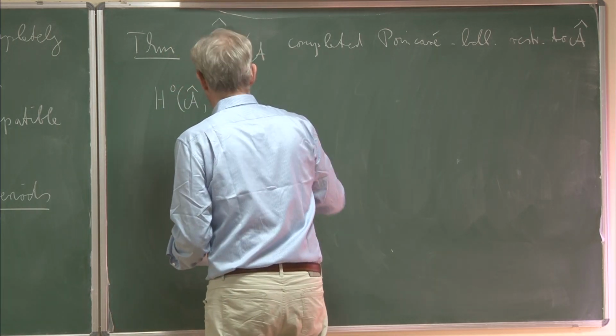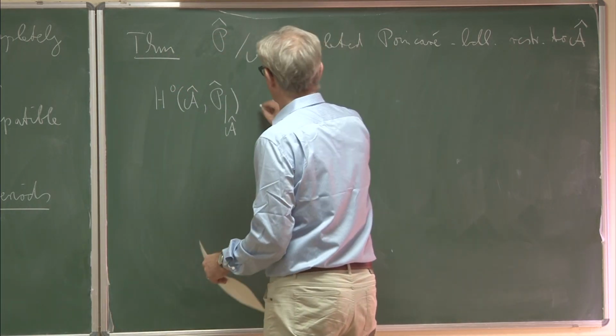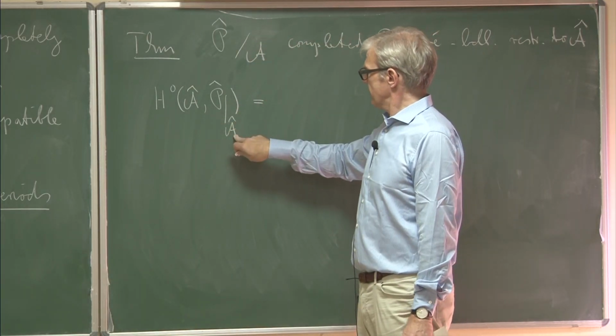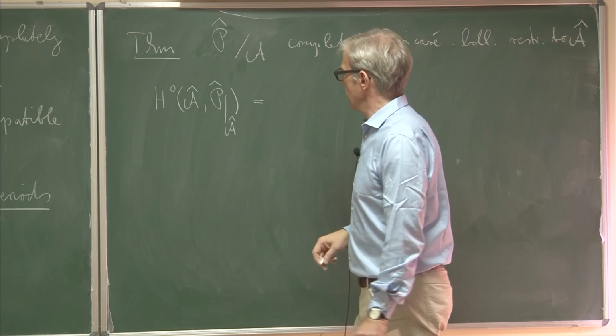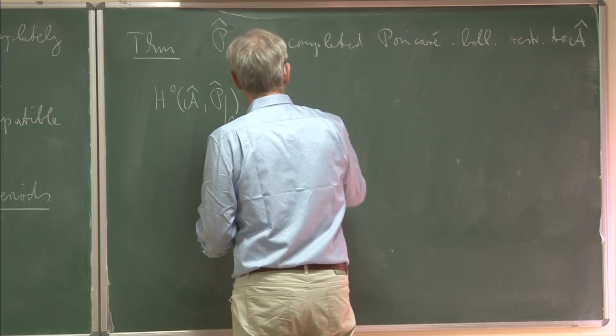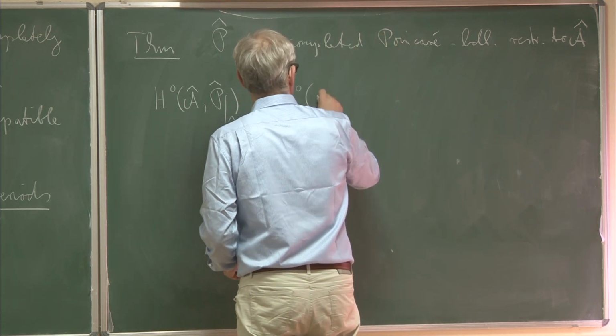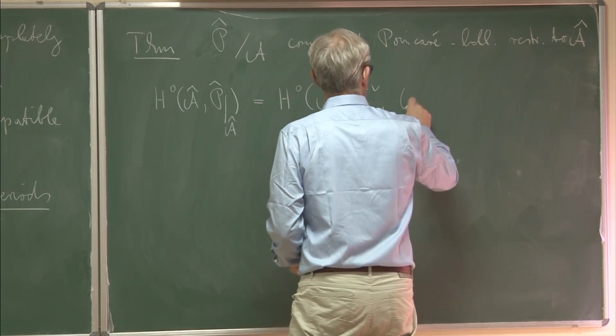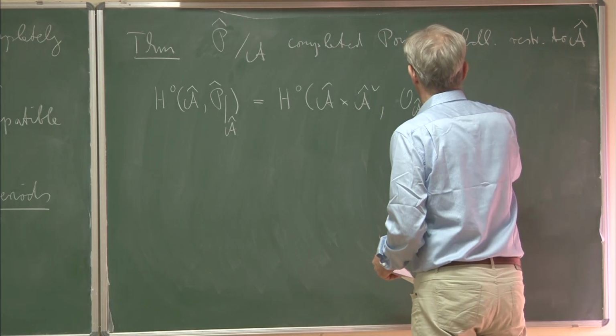And it turns out that over this formal completion, this Poincaré bundle is in fact trivialized. So that's the same as the global sections of just the structure sheaf.